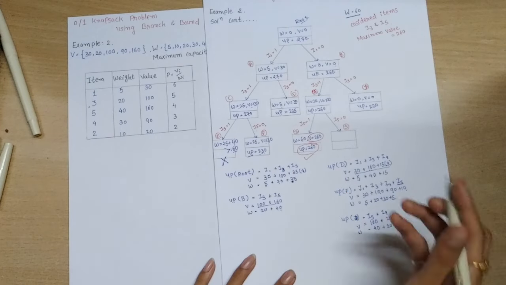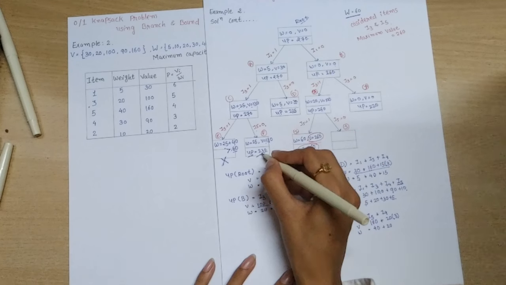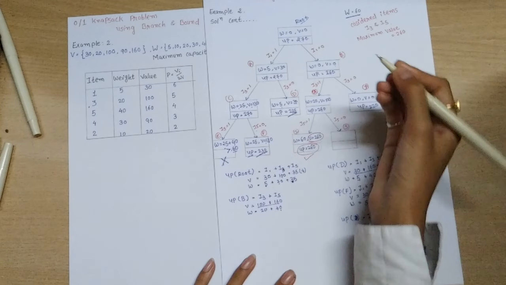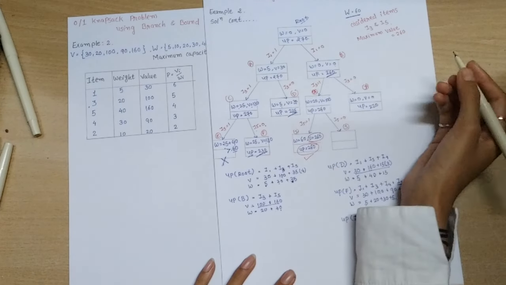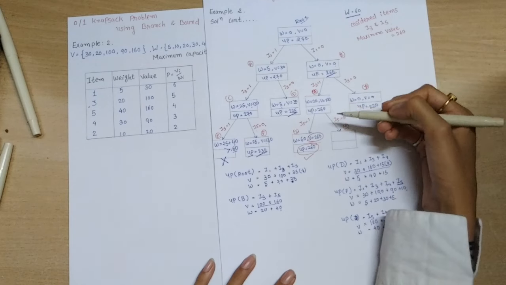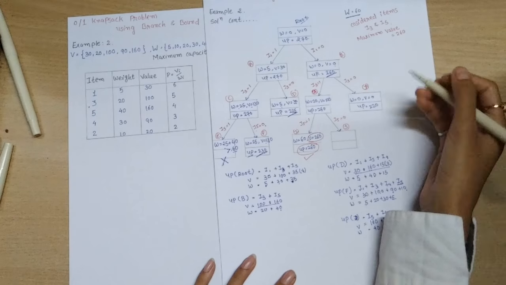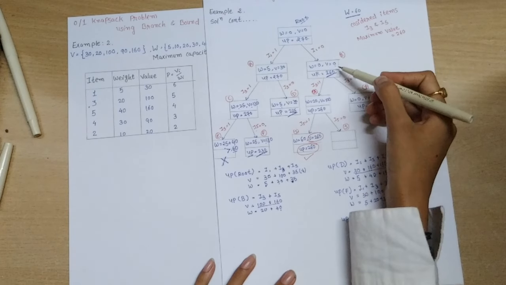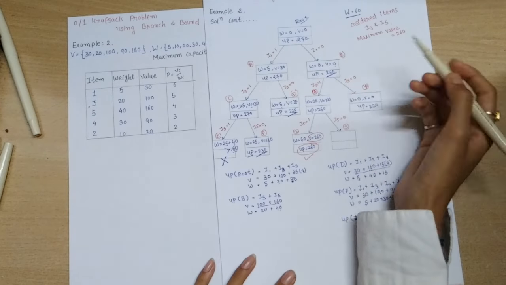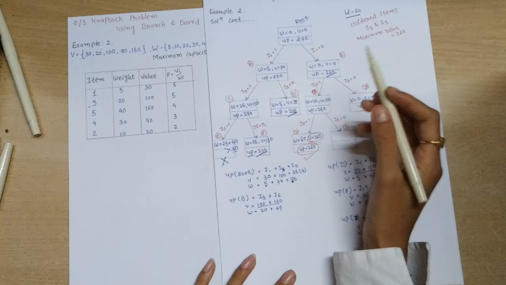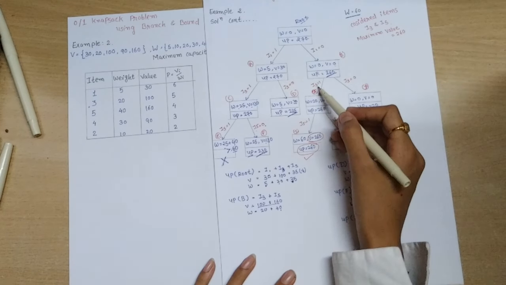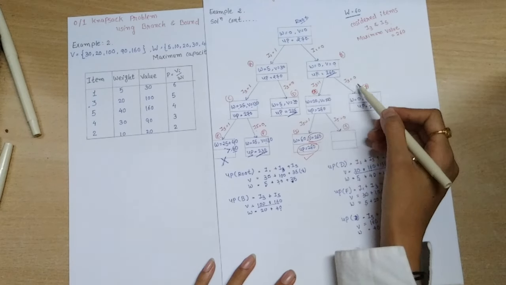Now we are having 230, 235 and 260. Whichever upper bound is maximum, we have to explore them. So we will explore node B further with considering item I3 and not considering item 3.